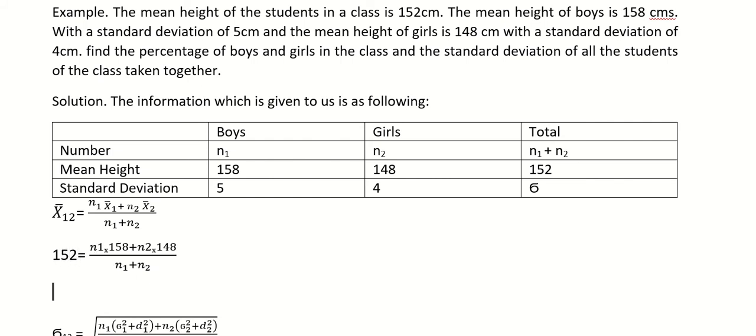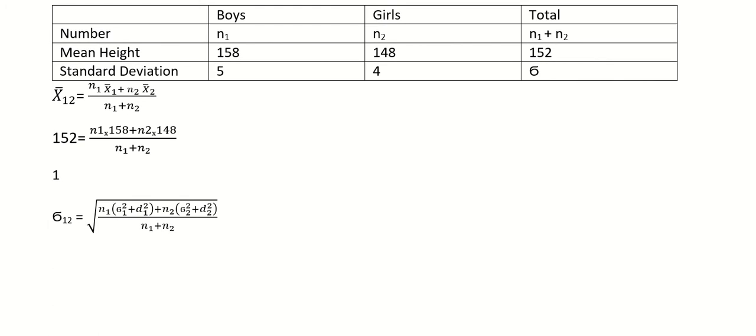So now I will cross multiply it. So it becomes 152 into n1 plus 152 n2 equals 158 n1 plus 148 n2.